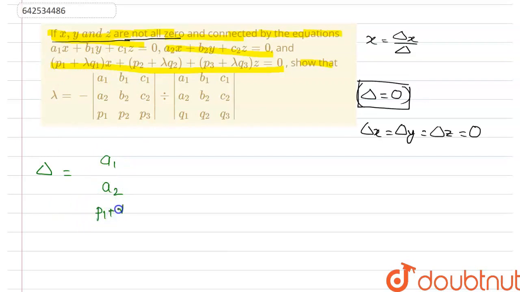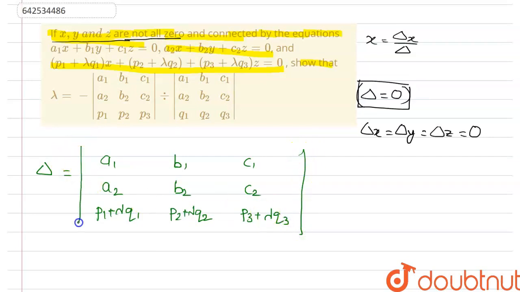Now the coefficients of y, that is b1, here we have b2, and here we have p2 plus lambda q2. Now the coefficients of z, that is c1, here we have c2, and here we have p3 plus lambda q3. So this is the value of our del.